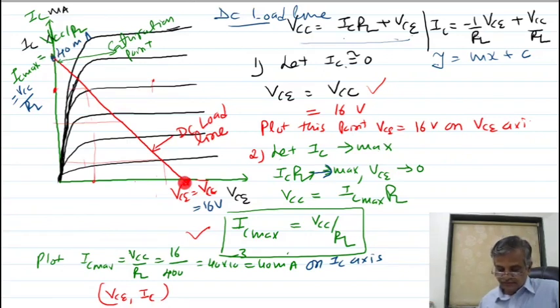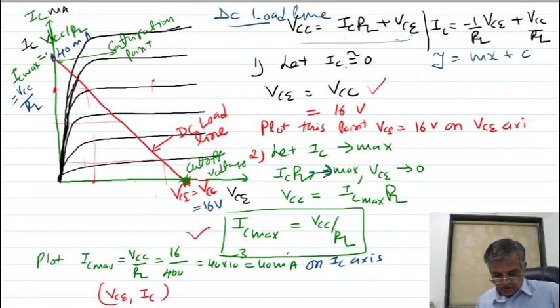Now the intersection point of the DC load line with the VCE axis gives the cutoff voltage, or cutoff region. This is your cutoff region. This is your saturation region.